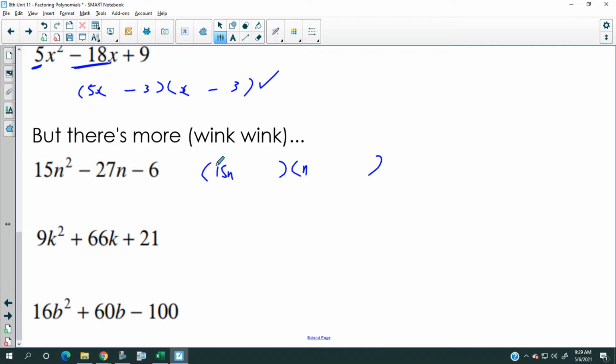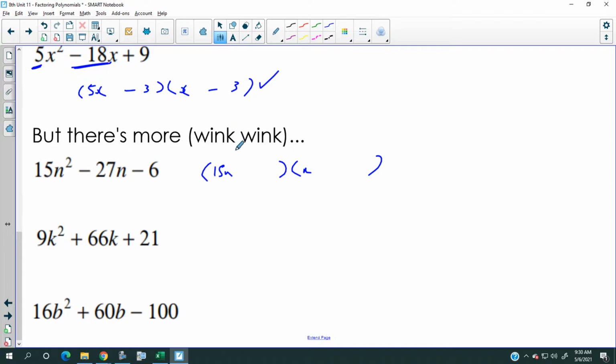Once you use 15n here, whatever you put here, once you multiply it, it's going to become a very big number. But here's the thing, I'm looking at the number in the middle, and I see that's -27. So big numbers may not be a problem, so I'm going to go with 15n here. And again, this is from practice and experience, which you're in the process of doing right now.